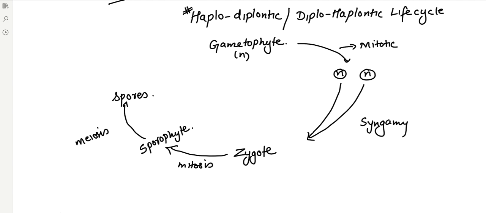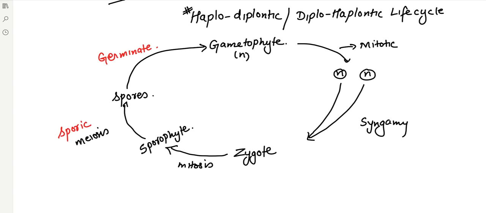Gametes are already formed. So remember, the meiosis in case of haplodiplontic life cycle or diplohaplontic life cycle is known as the sporic meiosis. Now these spores will germinate to form gametophyte.